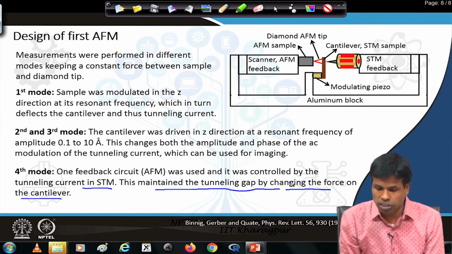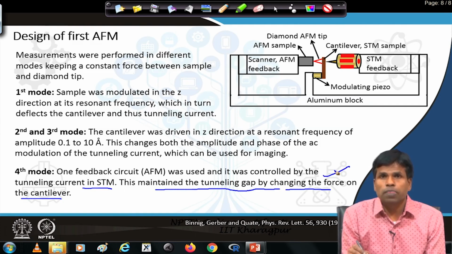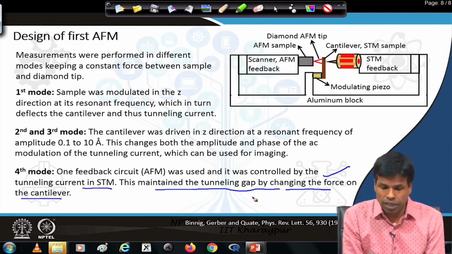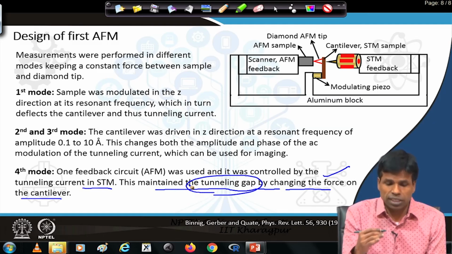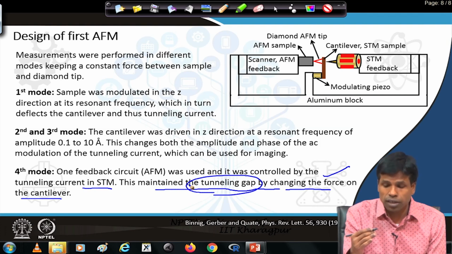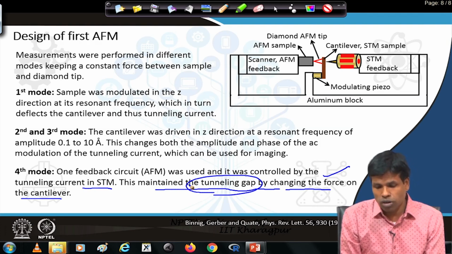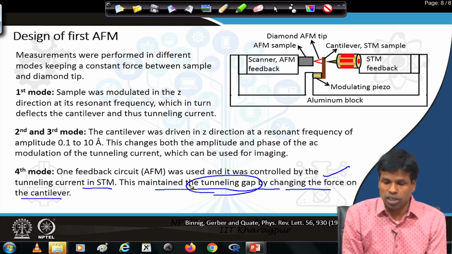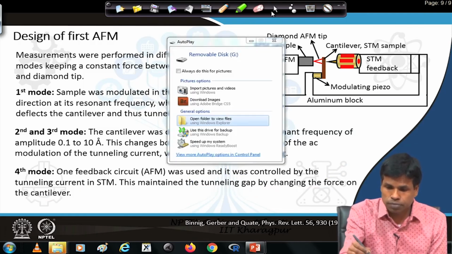So, in order to maintain the same tunneling current, the force changes, and that force can be used to create a 3-dimensional image. In this way also one can create a 3D image of the sample.